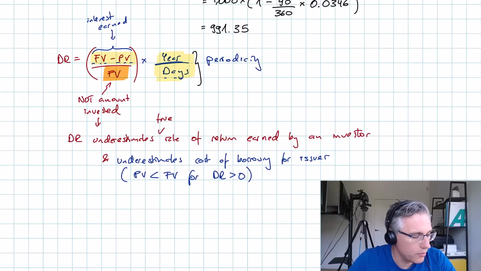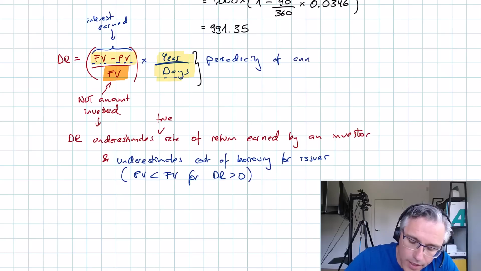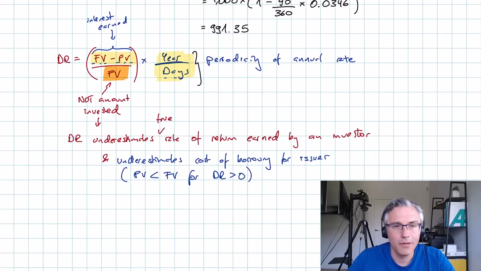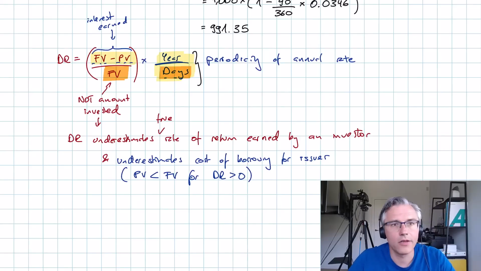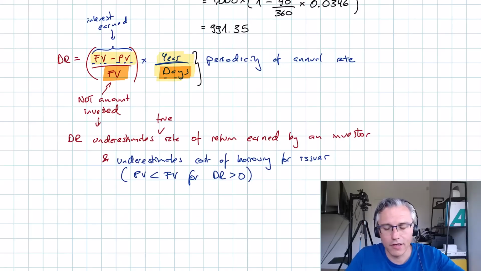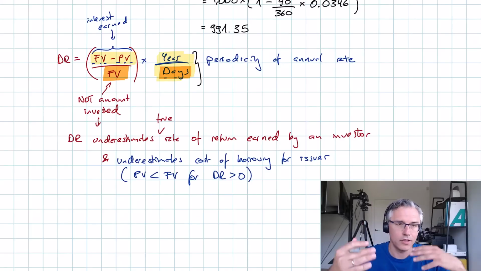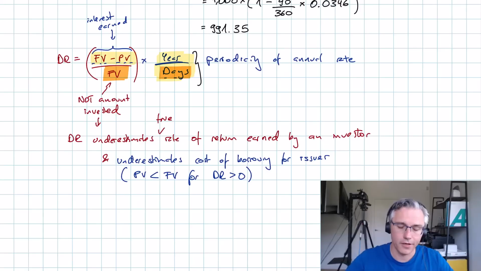That's the same as periodicity of the annual rate. And as you will appreciate, because each instrument has a different number of days in it, potentially there is a huge range of periodicities that we will encounter realistically with these types of investments in terms of how they are scaled up to a full year.